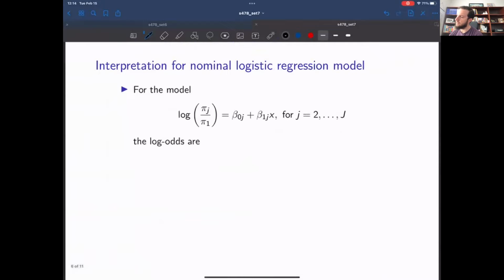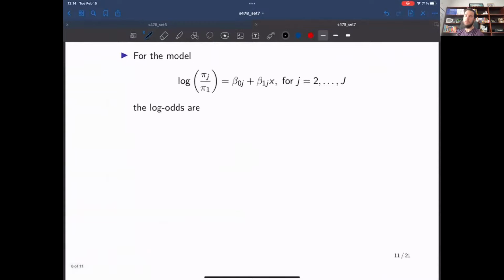So when we fit a nominal logistic regression model, what we end up with is the following.